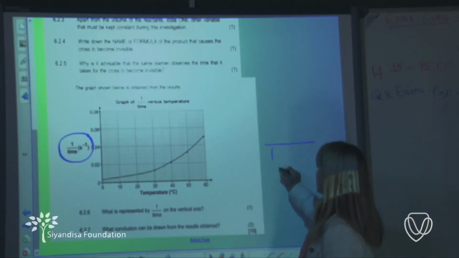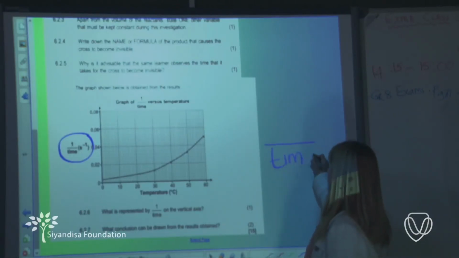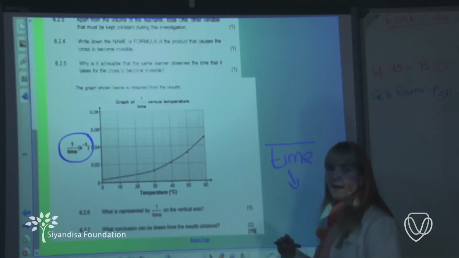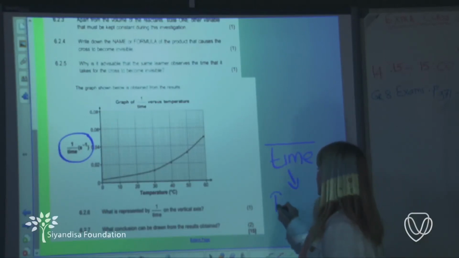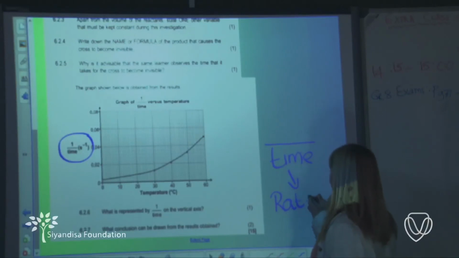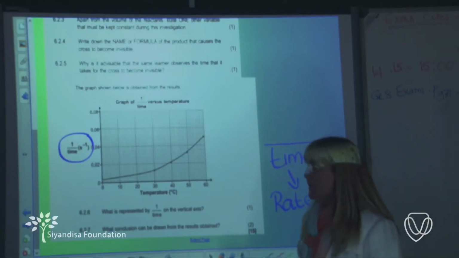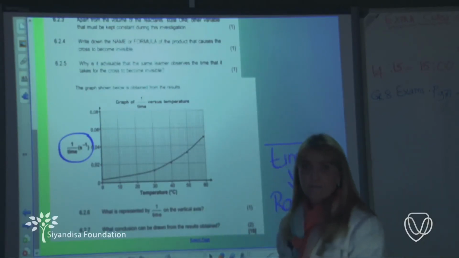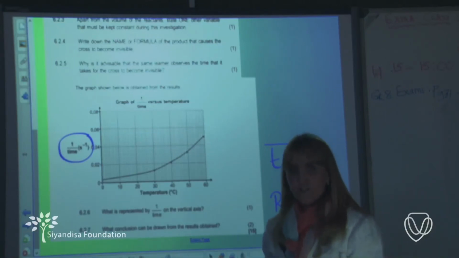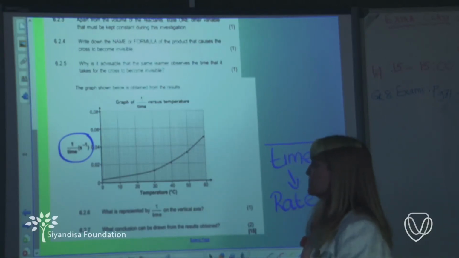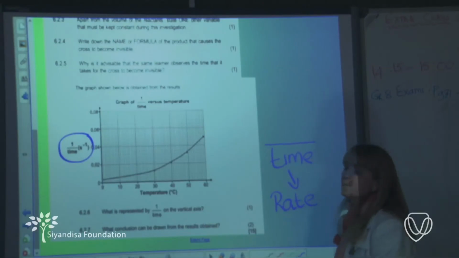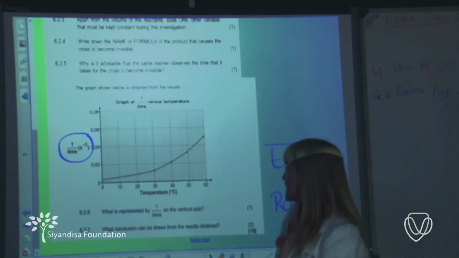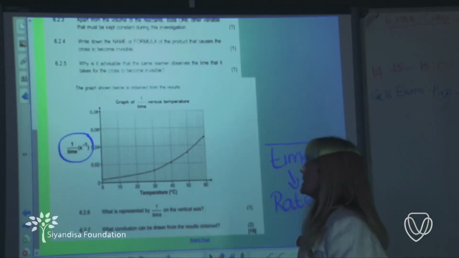Anything divided by time, and we did this in grade 10, gives us rate. So what is 1 over time? It's the reaction rate, right? The rate at which the reaction took place, right?